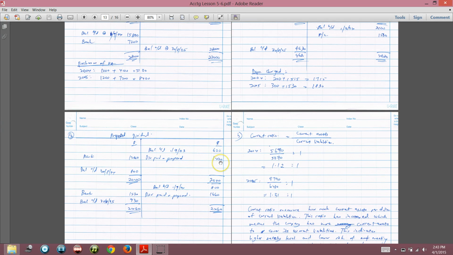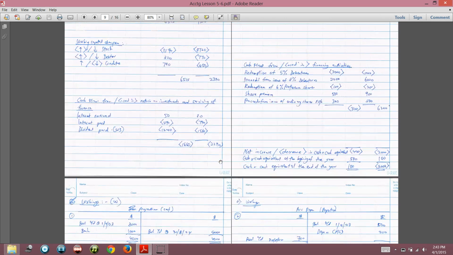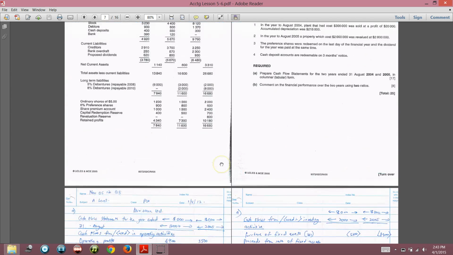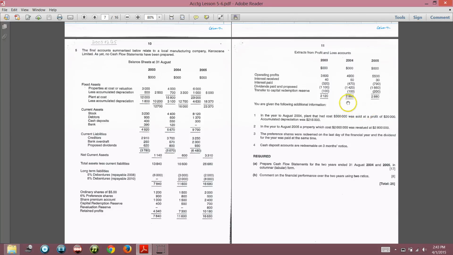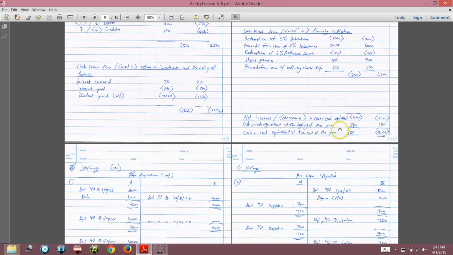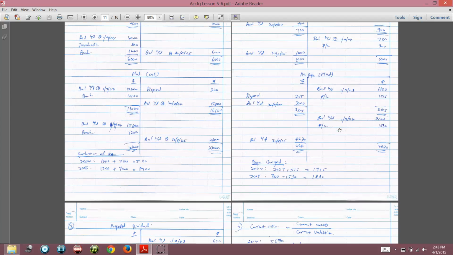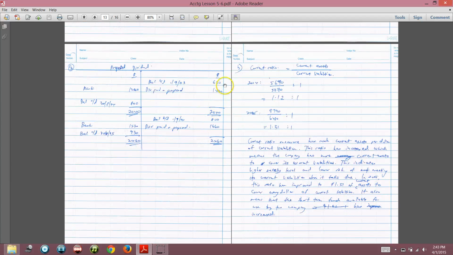Then during the year, in the profit and loss account, dividend paid and proposed is 1420. I call it the dividend expense that is deducted from the profit and loss account. It's the same nature as an expense.